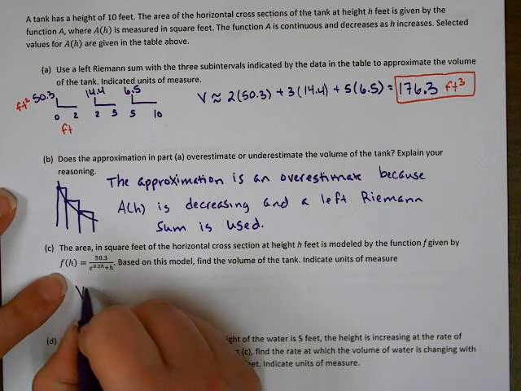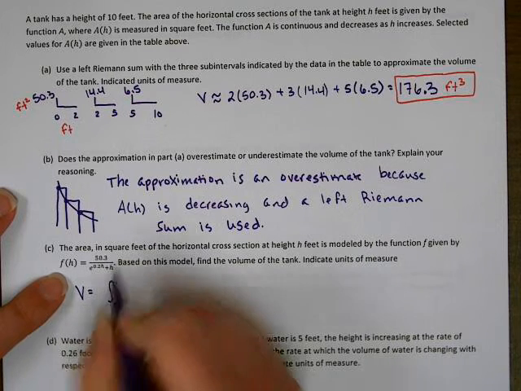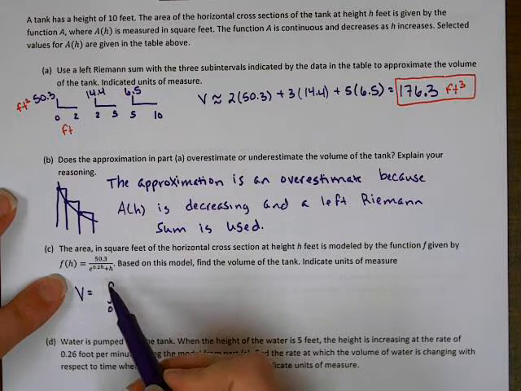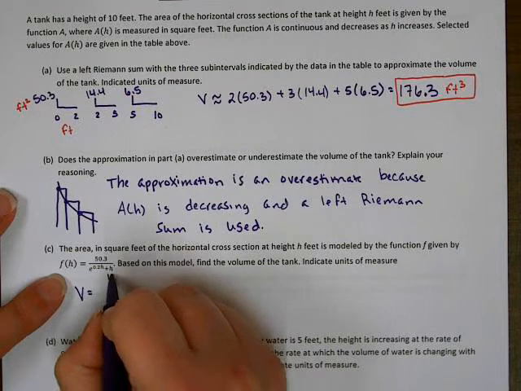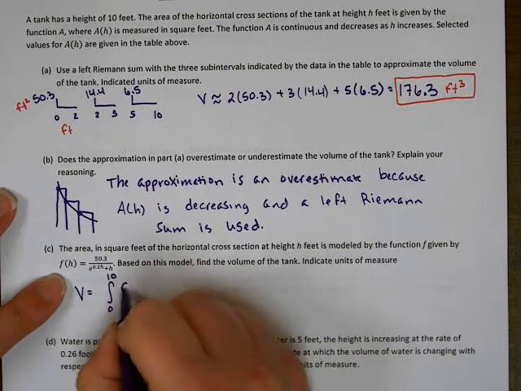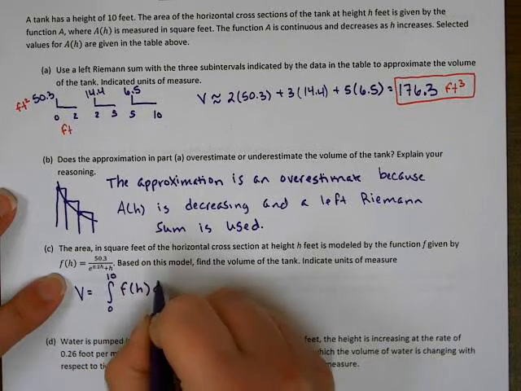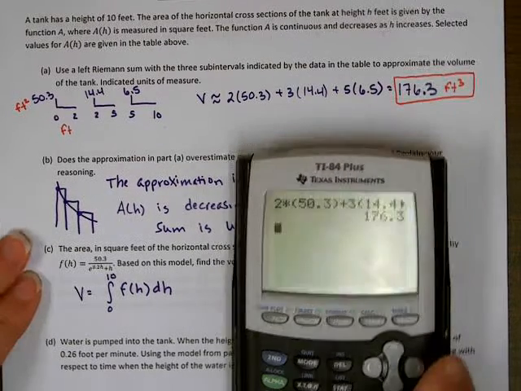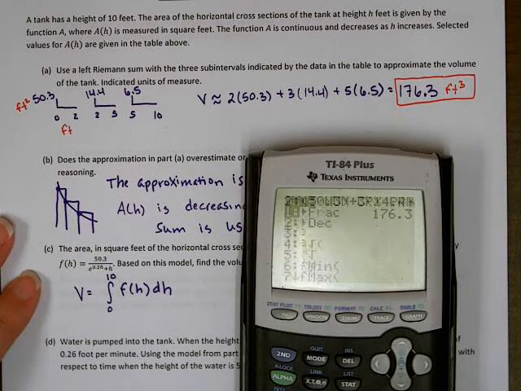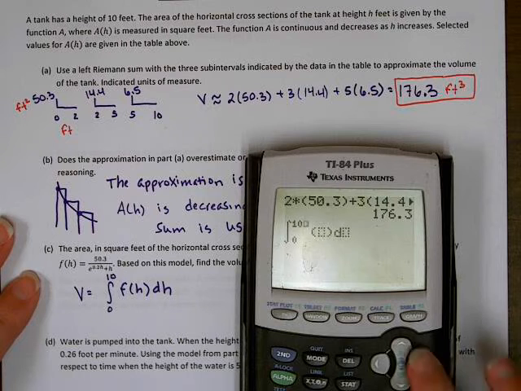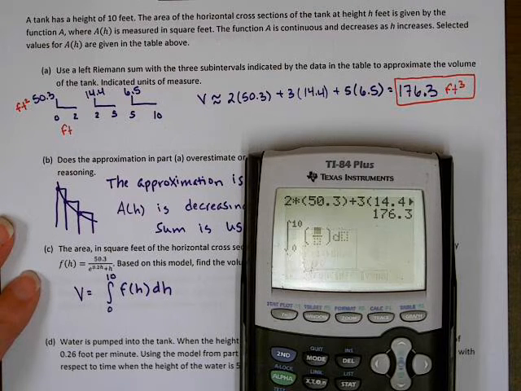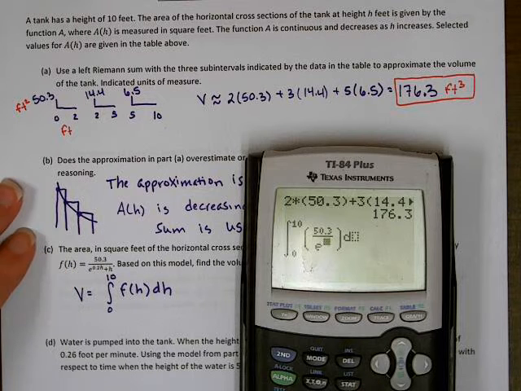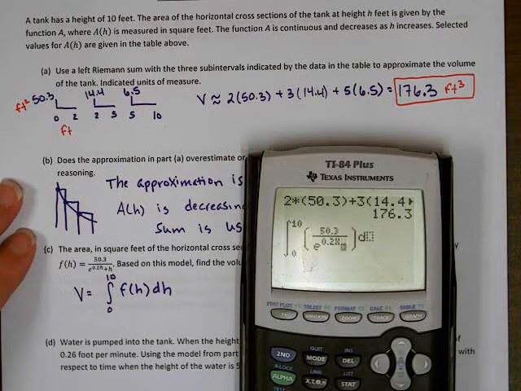So we know that the volume is going to equal the integral. We're starting at 0. And the height of the actual tank is 10 feet. So we're going from 0 to 10, and we're going to integrate f of h dh. So again, since this is a calculator question, we can just go ahead and do that. So math 9 from 0 to 10, and then our function is 50.3 e to the 0.2x plus x.